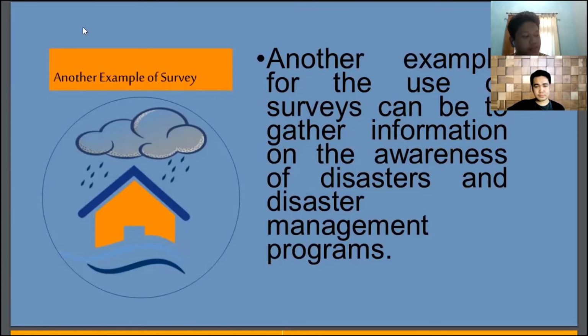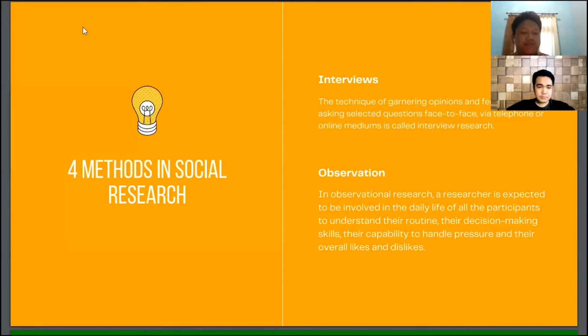So, moving on to the last two of the methods, which are interviews and observation, that will be explained by Firma. And I will explain to you about the interviews, and observation is the last of the methods in social research. The technique of gathering opinions and feedback by asking selected questions face-to-face, via telephone, or online medium is called interview research.